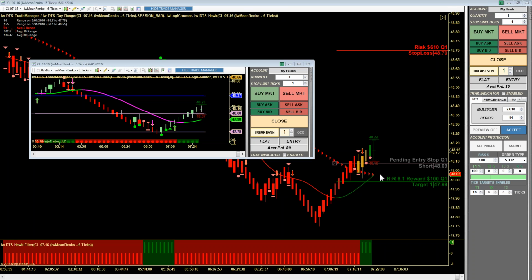Pretty sure we're going to see crude trying to rally a little bit today. That's why I'm following this possible trend change signal that we're seeing here on the Falcon. Pretty sure we're going to see crude get into that hard edge on the Eagle.